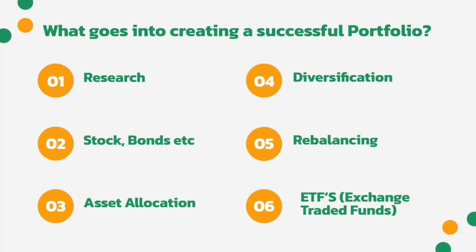Now, let's take a look into what goes into creating a successful portfolio. In my opinion, I believe that there are 6 parts to creating a successful, diversified, and balanced stock portfolio. These parts include research, stocks, bonds, etc., asset allocation, diversification, rebalancing, and exchange-traded funds.